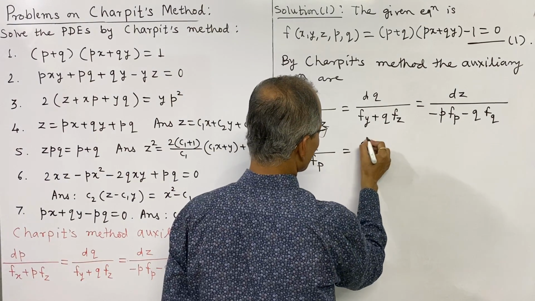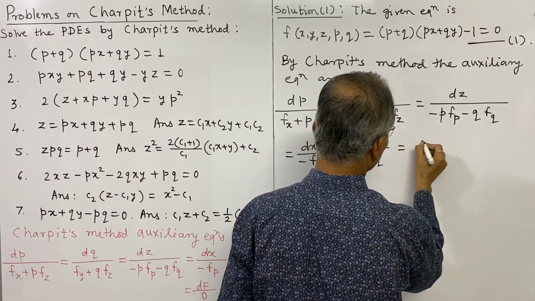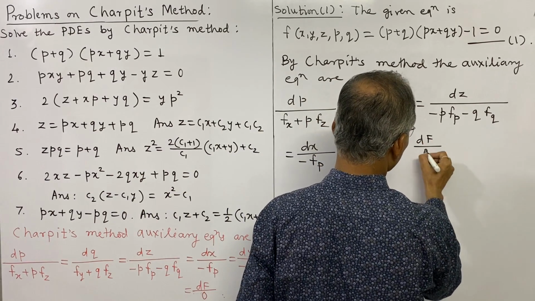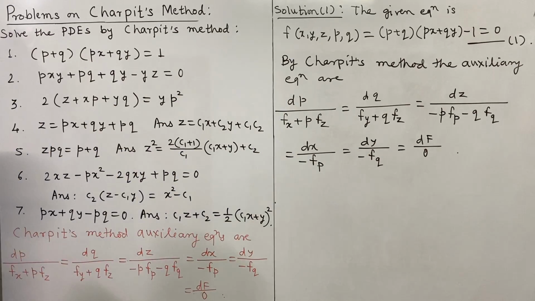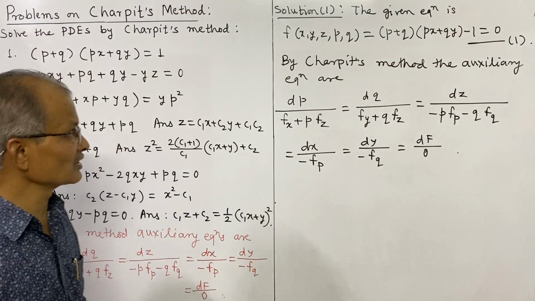In short notation we write f suffix p for the partial derivative of f with respect to p, next is the partial derivative of f with respect to q, and the last term is df by 0. These are the same equations we have to remember. These are the auxiliary equations in Charpit's method.